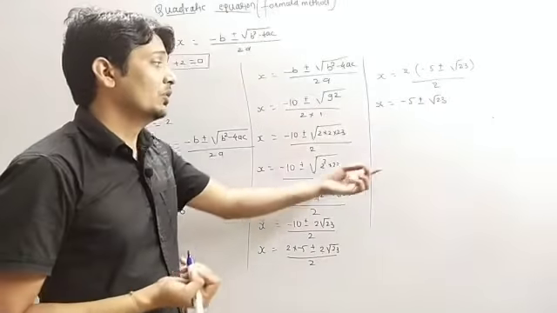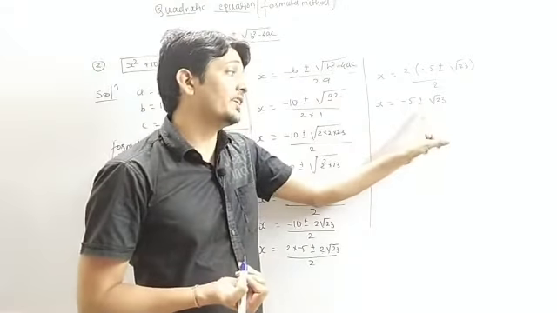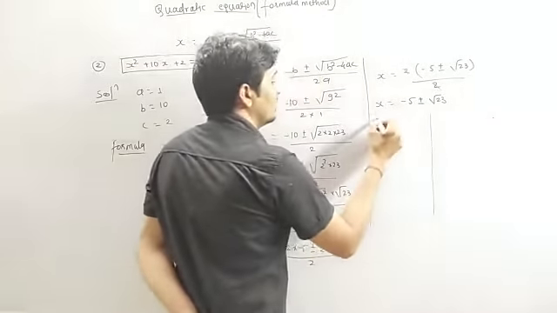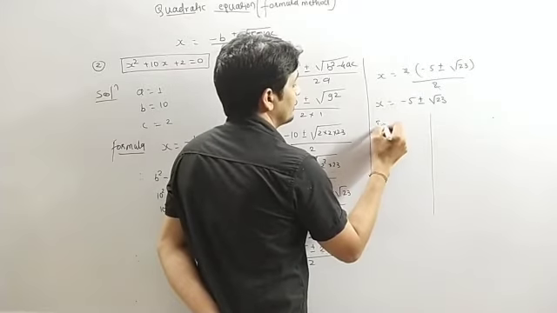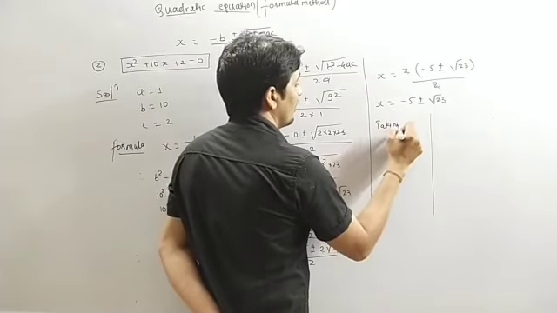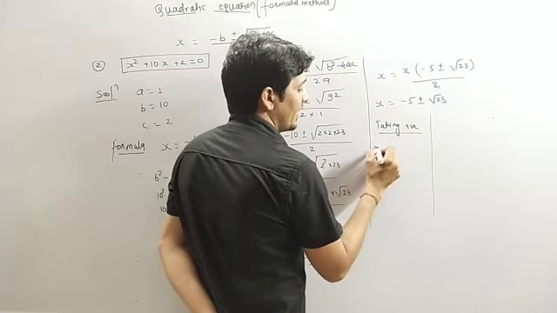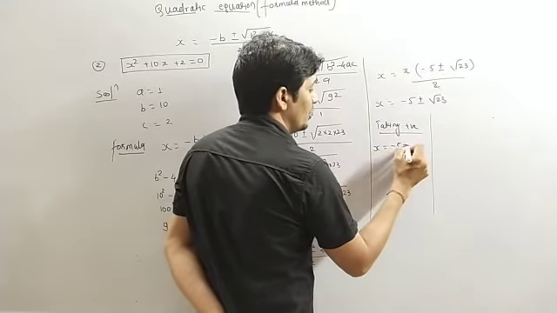Okay, so once we take the positive sign and then the negative sign, we will get 2 roots of the quadratic equation. So हमने इसको दो पार्ट में अगेन डिवाइड कर दिया। अब हम लिखेंगे व्हाट? Taking positive sign, so x equals to -5 plus √23.